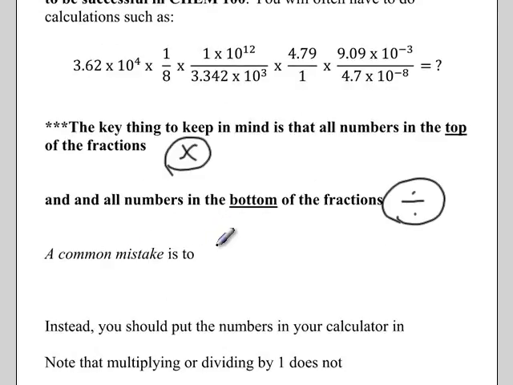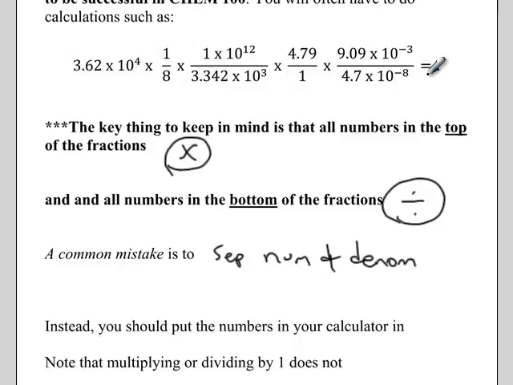One mistake is to separate the numerator and the denominator when you're doing these calculations. In other words, what people will do is they'll multiply all the tops of the fractions and then they'll write that number down. And then they'll multiply all the denominators of the fractions, the bottom, and then they write that number down.